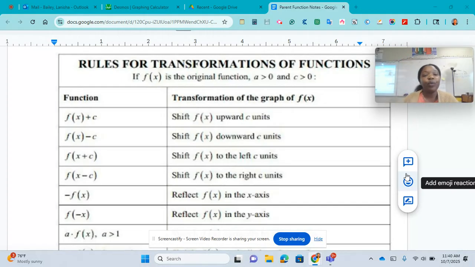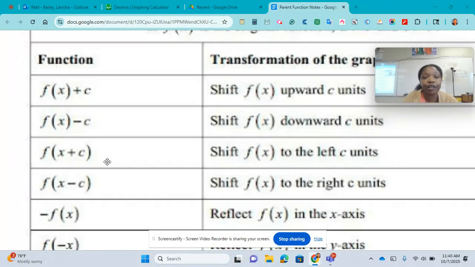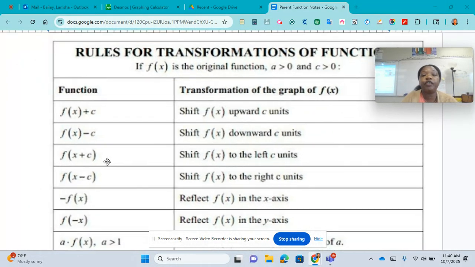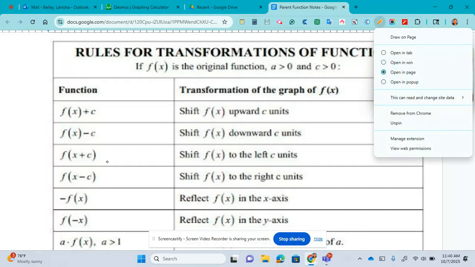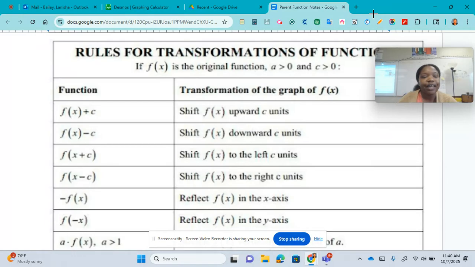All right, now we are going to go over some transformation functions. First, let's go over the rules of these transformation functions. With transformation functions, we have f of x, which we could also state is our y.